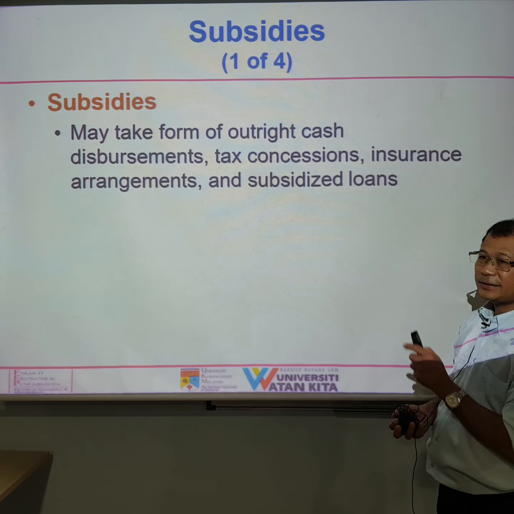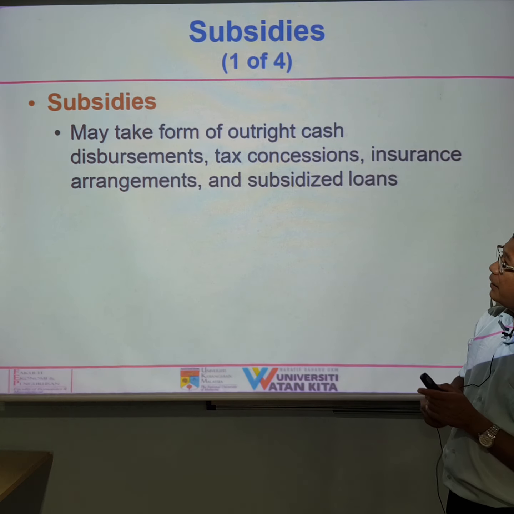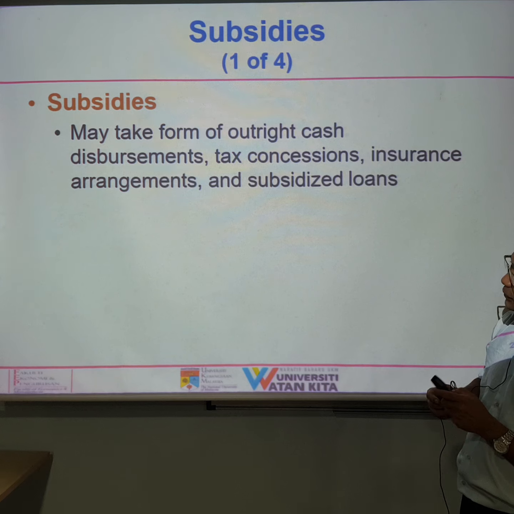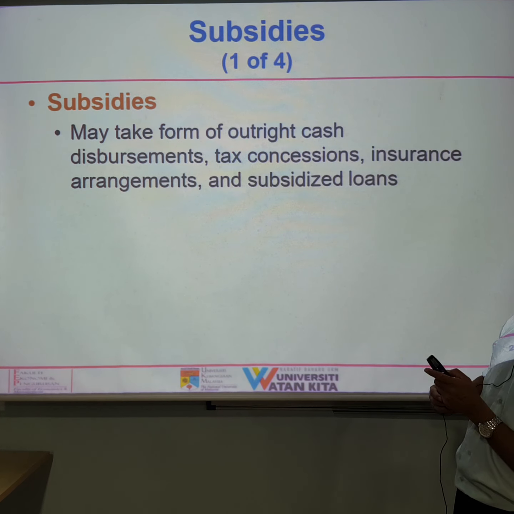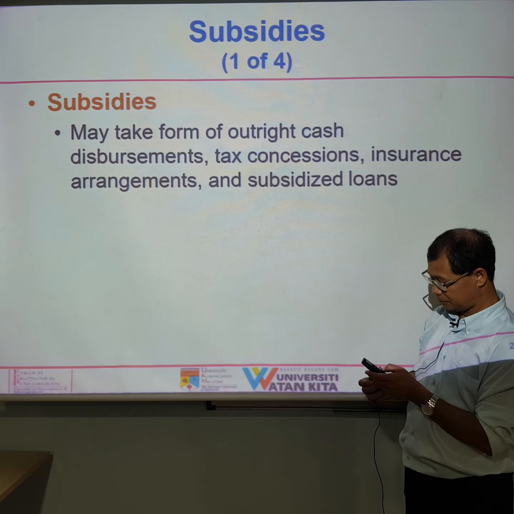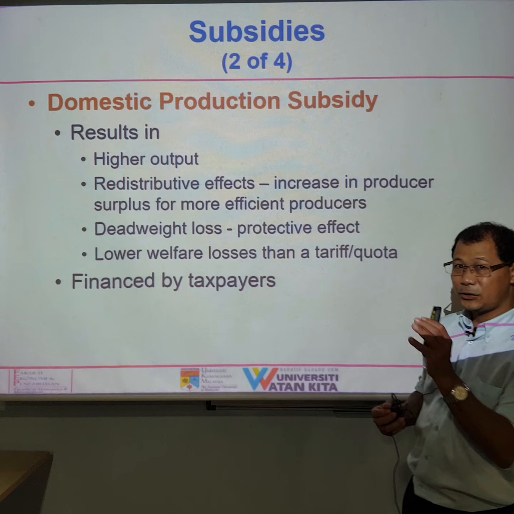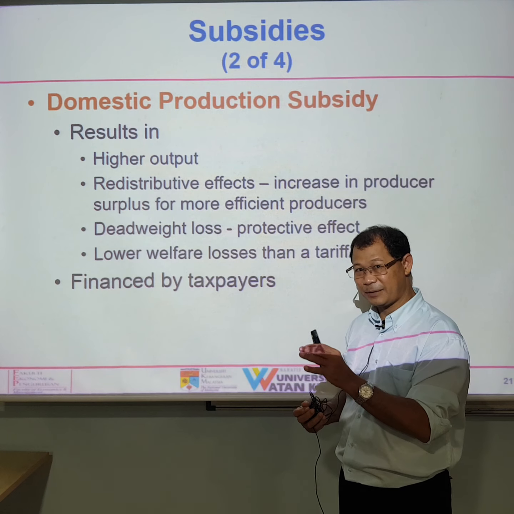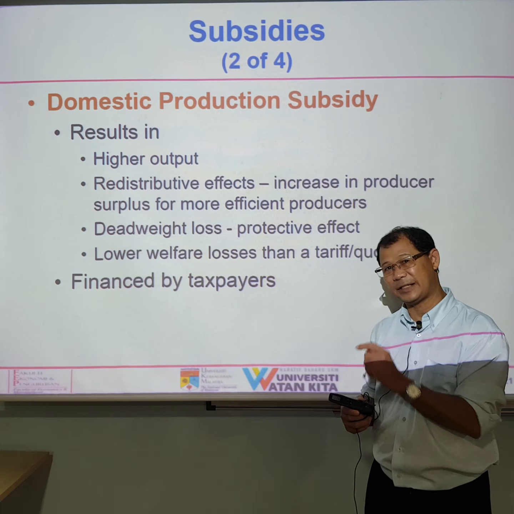So now the next subtopic: subsidies may take the form of outright cash disbursement, tax concession, insurance arrangement, and subsidized loans. We're going to study two types here: domestic production subsidy first and export subsidy second.